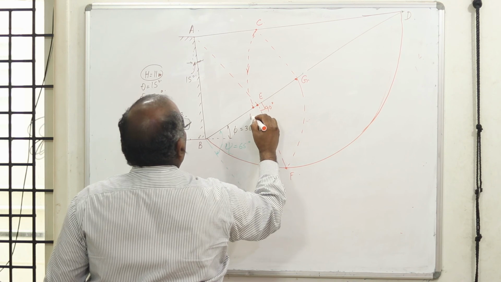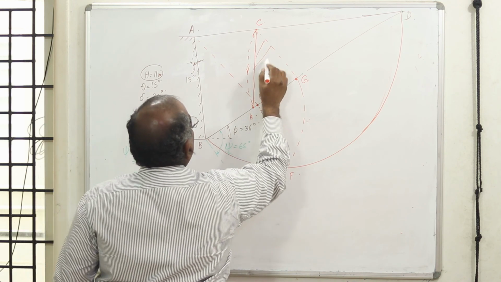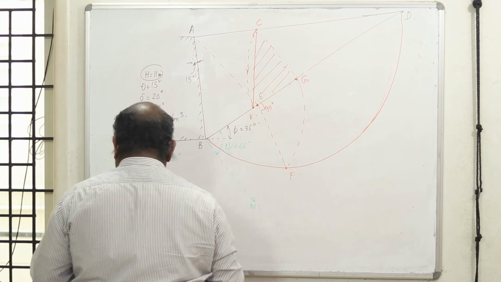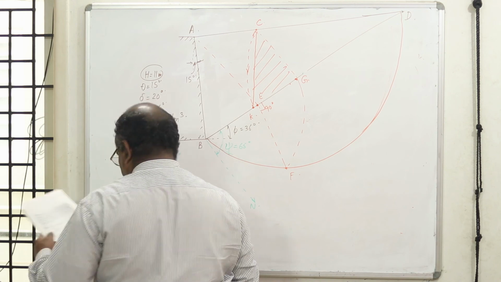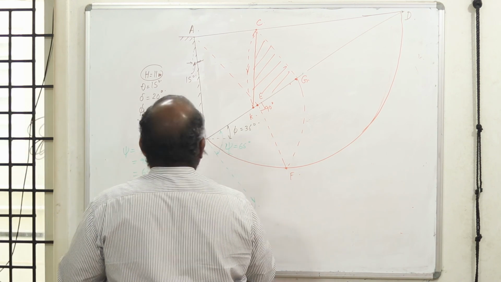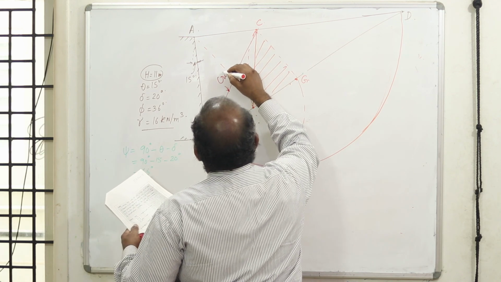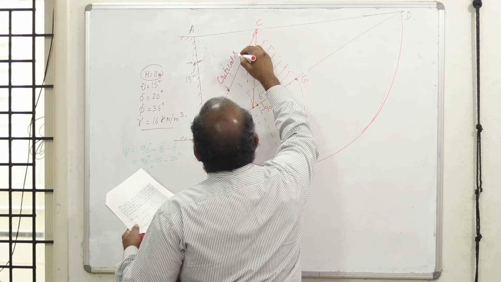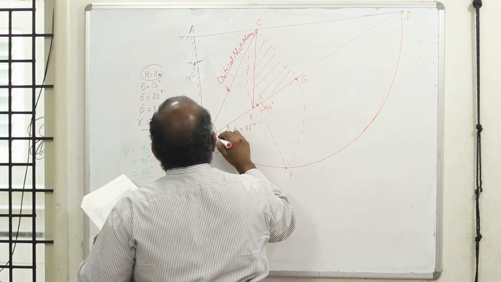We get K. Join. We get this triangle. Now, what values did I get? This is the critical slip plane, which measures this angle lambda.